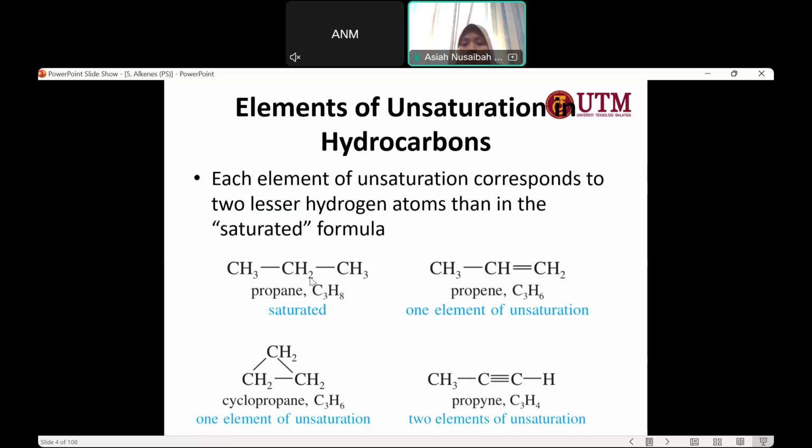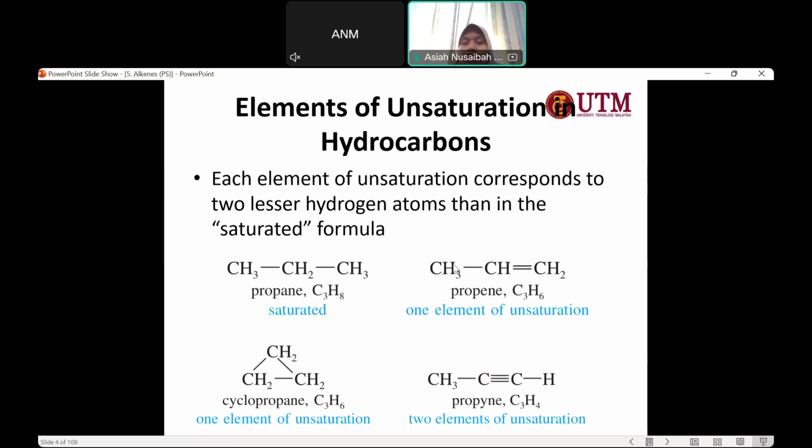Now let's see what happens when we have elements of unsaturation. The first one on the right side on top, we have propene. Prop means there is 3C. Ene means it's an alkene, so there should be a double bond there. We can see here, we have 1C, 2C, 3C, so C3.